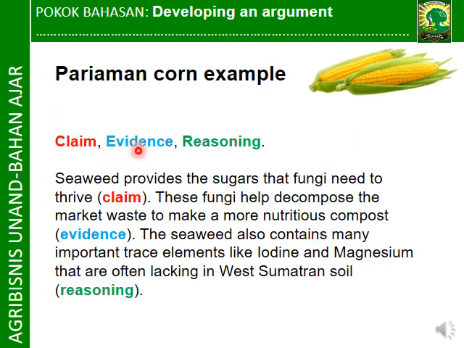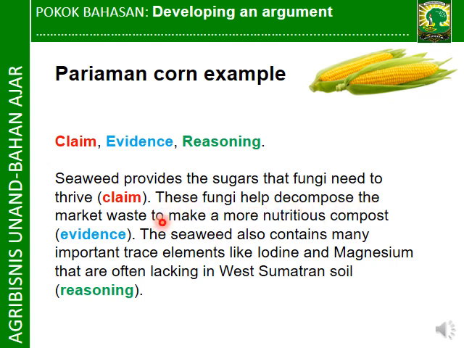Right, we have been looking at a claim, evidence, and reasoning model. Now I want to go back to the Pariaman corn example and see what a claim, evidence, reasoning model would look like for this piece of research. The claim is this: seaweed provides the sugars that fungi need to thrive.